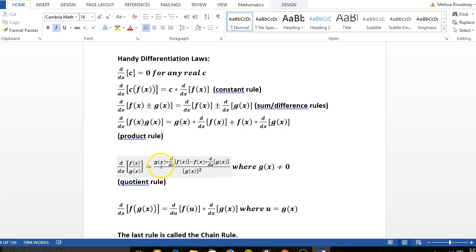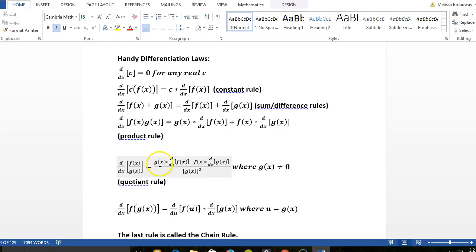There's a rhyme for this. g is on the bottom, so this is low. f of x is my high term, so I'm going to call it high. Low d high minus high d low over low squared. Okay, make a rhyme out of it. Low d high minus high d low over low squared. Say it faster.